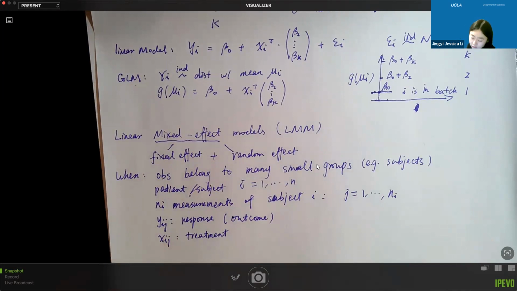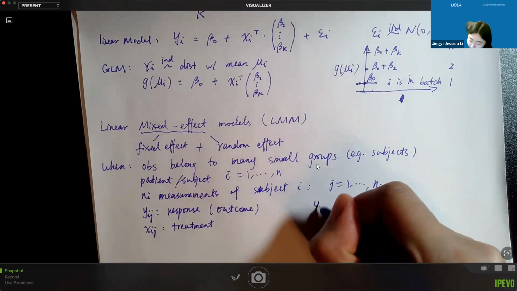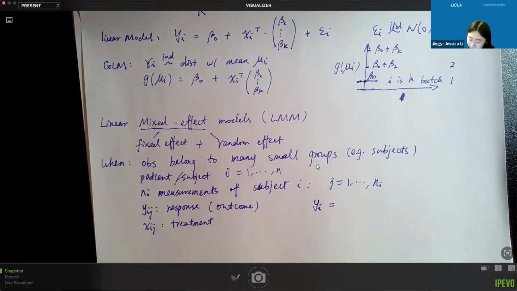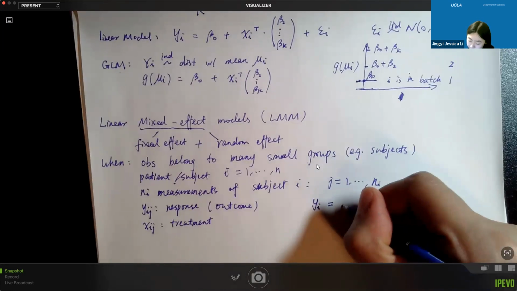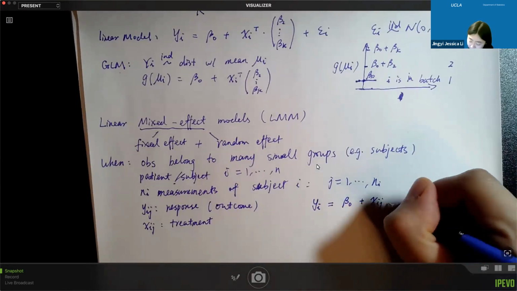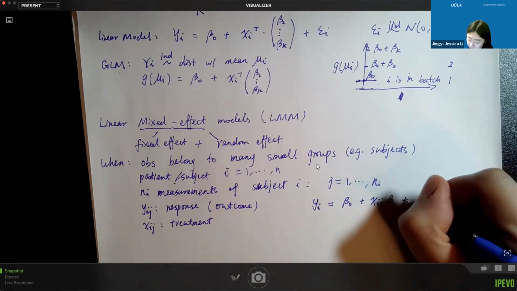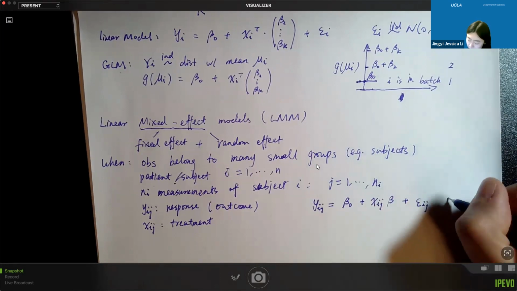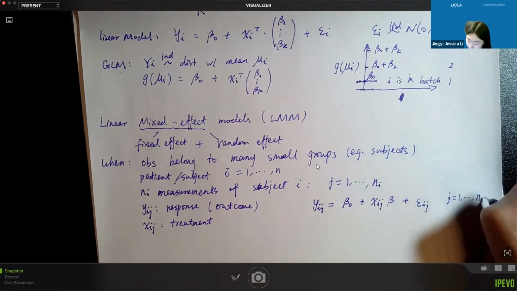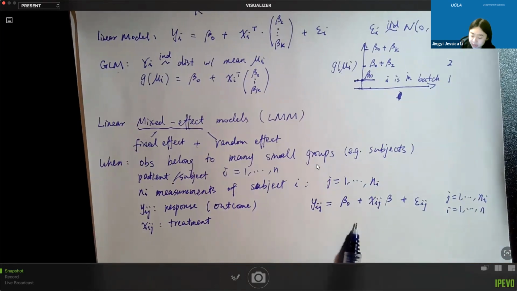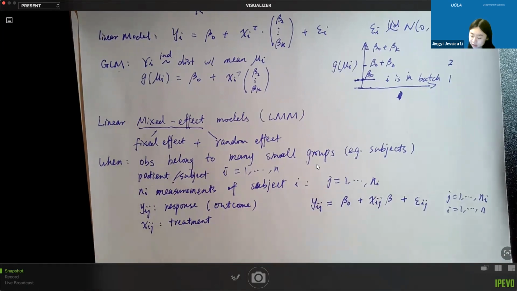Then our model would be Y_ij equals, of course we are interested in the treatment, right? If there's an intercept, we call it beta 0, plus the treatment effect, X_ij beta 1, plus epsilon_ij. Here j goes from 1 to n_i, i goes from 1 to n. But this seems to be problematic, because neither the intercept nor the slope seem to depend on subject i.